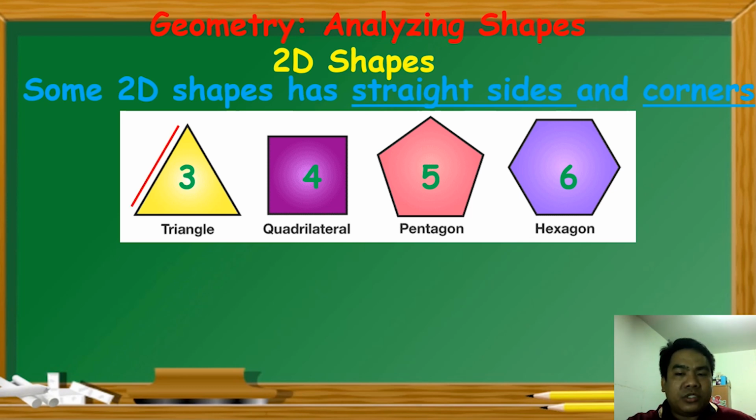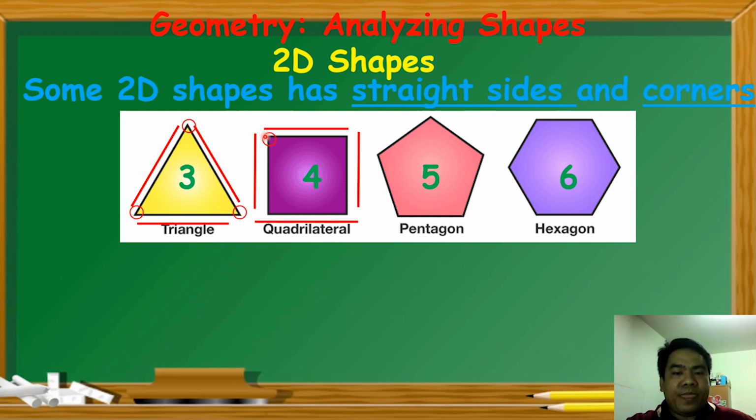When you say straight, these are the sides. And then corners. So what are corners? These are the corners.